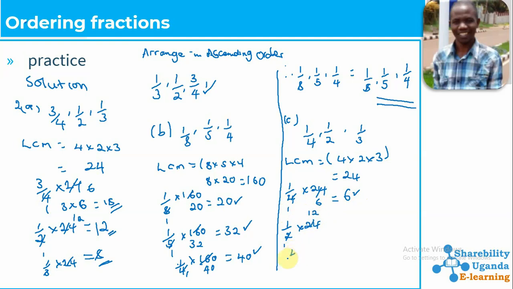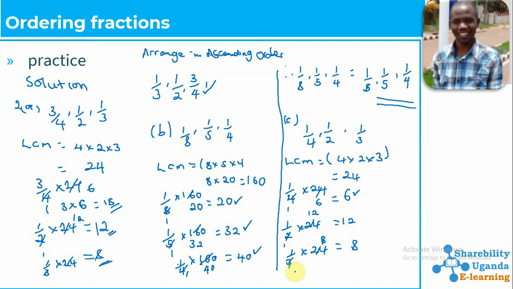Also we get 1 out of 3 times 24. What is 24 divided by 3? We shall be able to get 8. So here our answer is 8, and here our answer is 12.